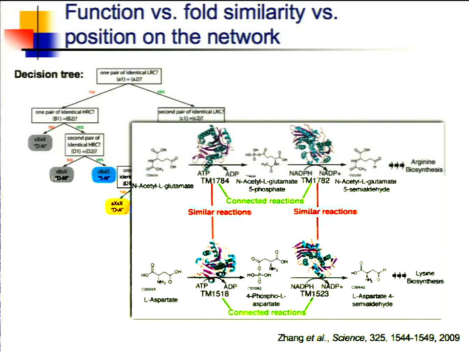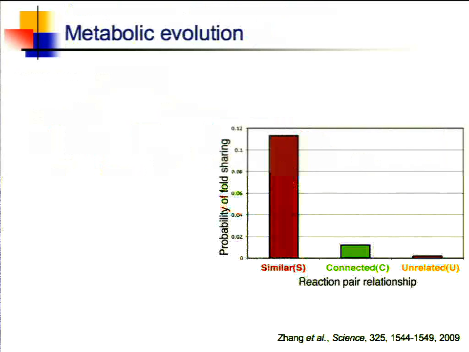And the third group is unrelated reactions. They are neither similar nor connected. Based on those, we compared the chances of the proteins that catalyze either similar, connected, or unrelated reactions to share a fold or not.